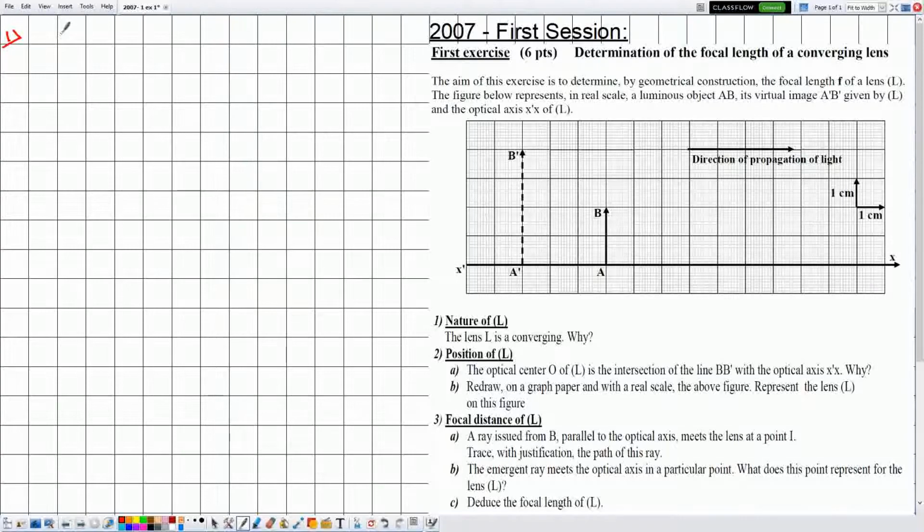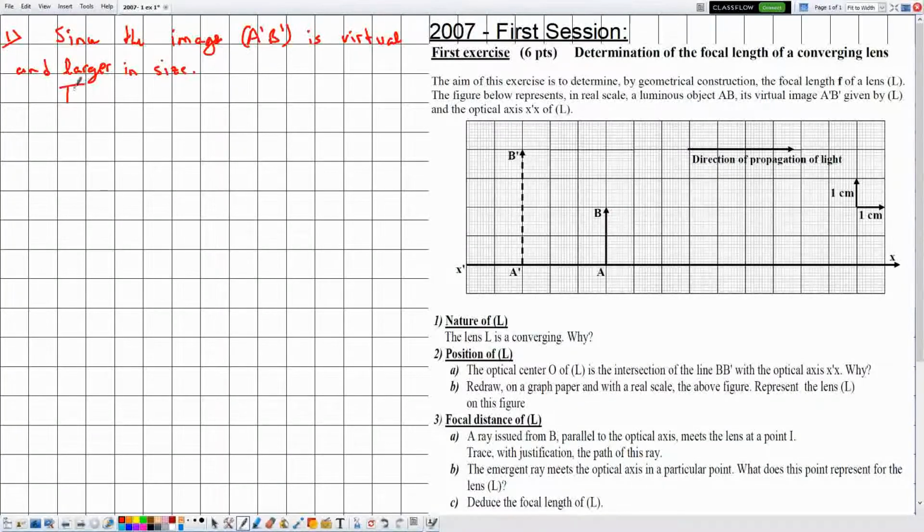So let's write this down. Since the image A prime B prime is virtual and larger in size, so what does this mean? From these properties we can deduce that the lens L is playing the role of a magnifier.